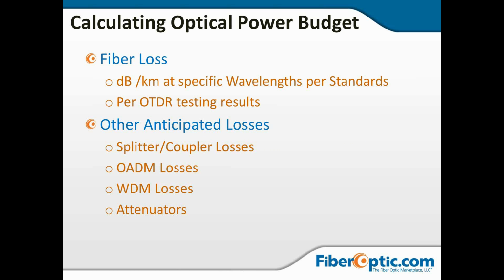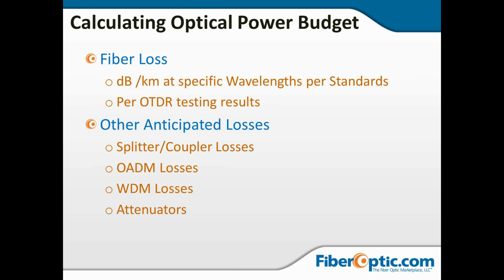Now remember, fiber loss is the only loss characteristic in our design that is wavelength dependent. Different wavelengths have different amounts of loss per kilometer, so that attenuation per kilometer is going to be different at 1310 or 1550, 1625, or any of the discrete lambdas that you might use with DWDM.